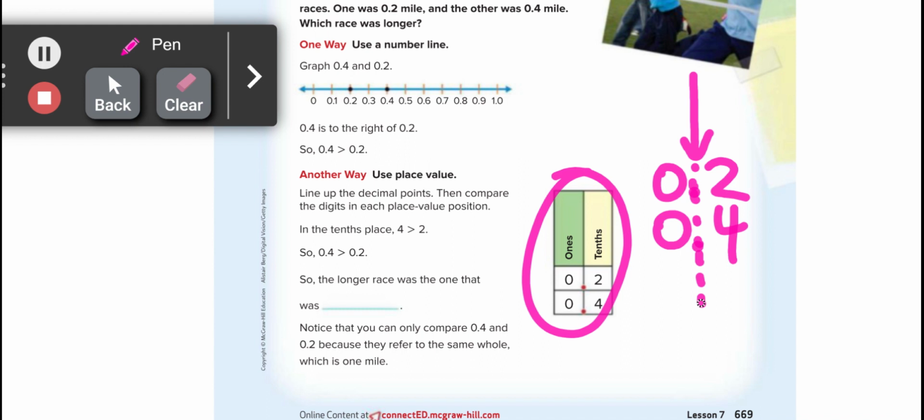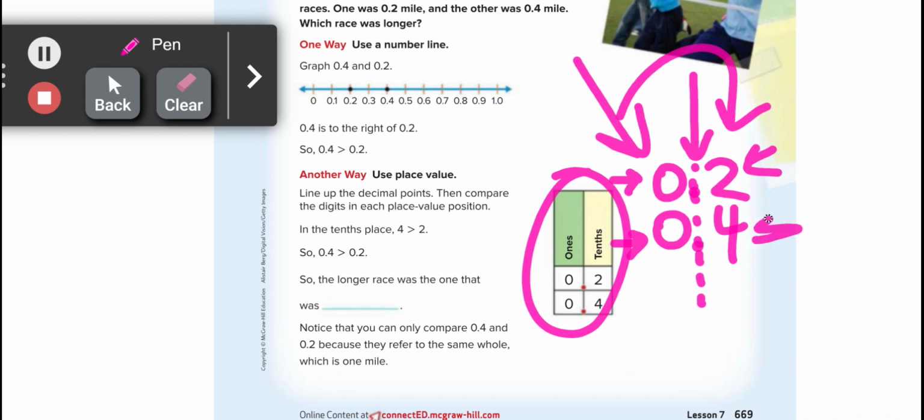So just like with whole numbers, we start with our greatest place value, which is the ones place. And we say, which one's bigger? My 0 here or my 0 here? Well, both of those are the same. So then just like with whole numbers, I move next door and I say, okay, which one's bigger? And it's not a trick question. Is 2 bigger or is 4 bigger?